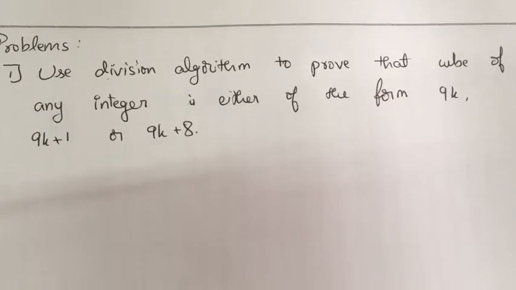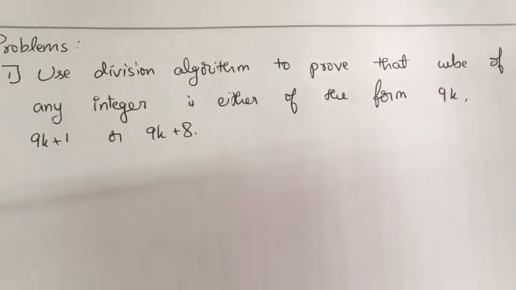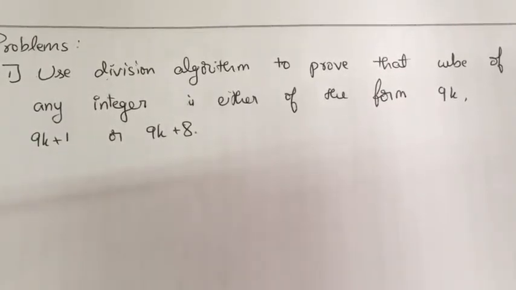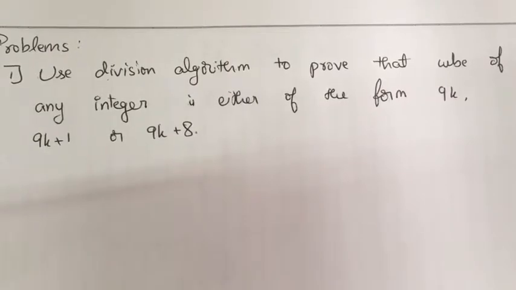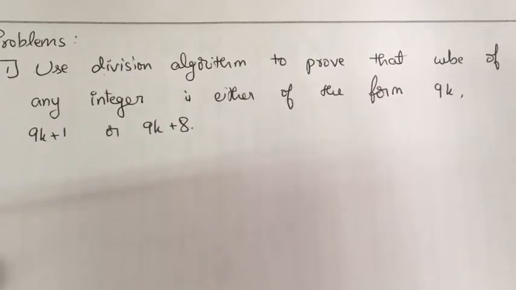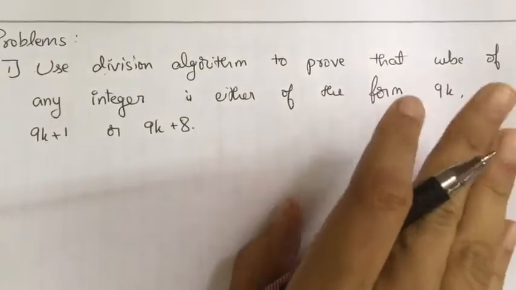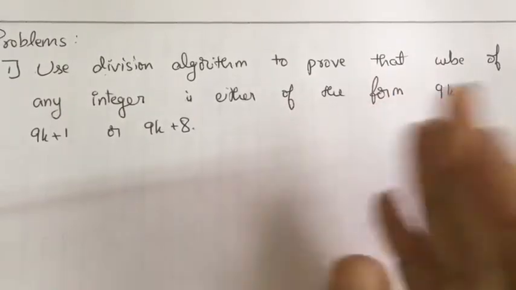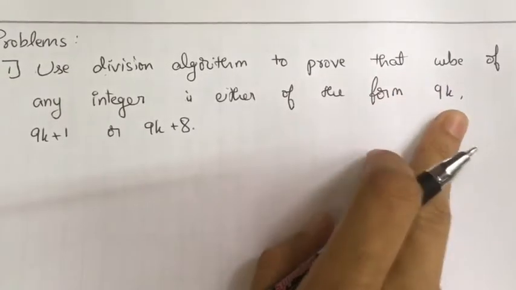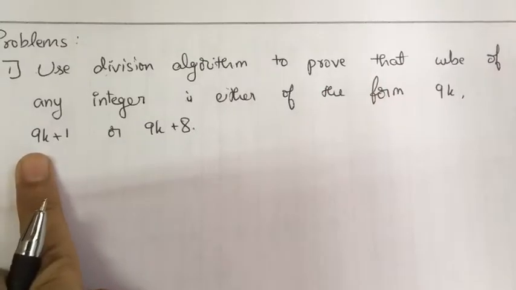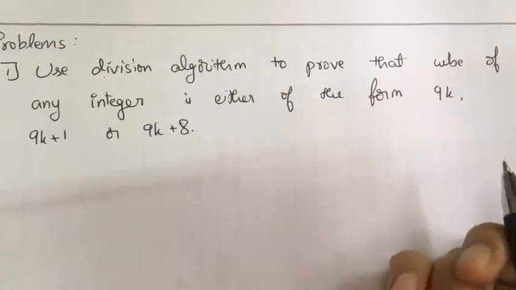Okay, the first problem is, using the division algorithm, I have to prove that the cube of any integer is of the form 9k or 9k plus 1 or 9k plus 8.